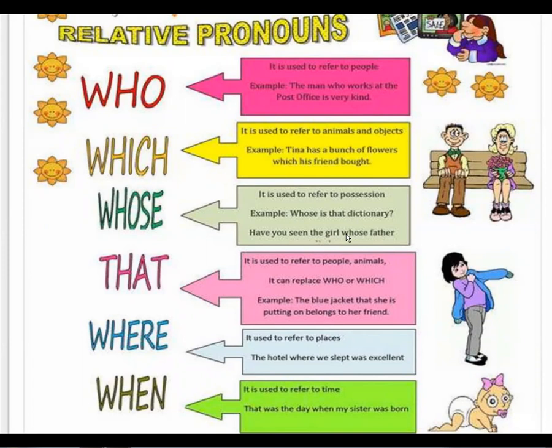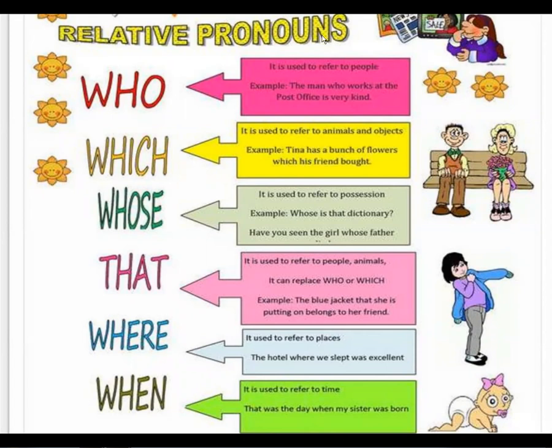So this is how we use relative pronouns. Who, which, whose, that, where, when are the relative pronouns, and they are used either to give us more information about the subject in the sentence, or they link two ideas or two sentences. Is that clear to everyone?